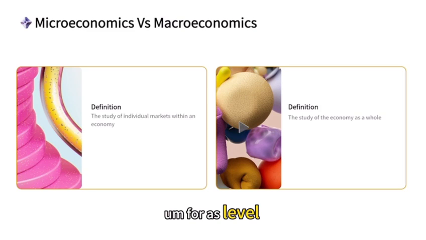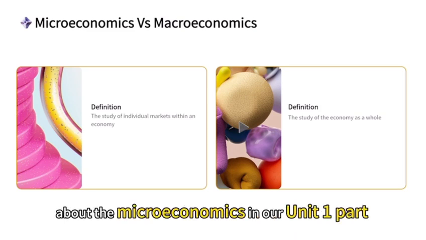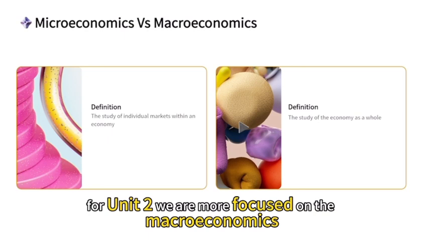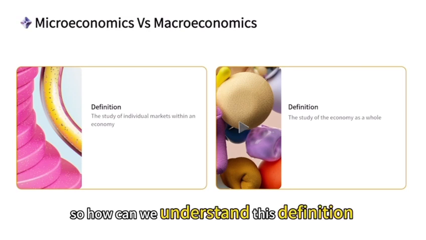For AS level, we've already learned a lot about microeconomics in our Unit 1 part. But now, for Unit 2, we are more focused on macroeconomics, which is defined as the study of the economy as a whole. So, how can we understand this definition?